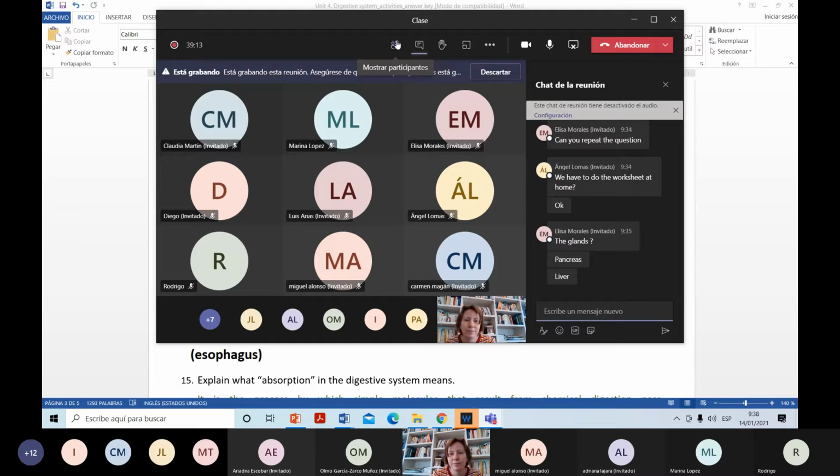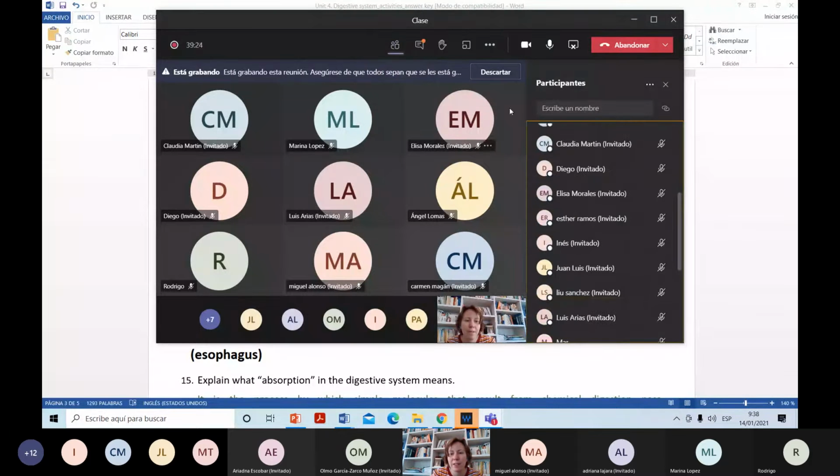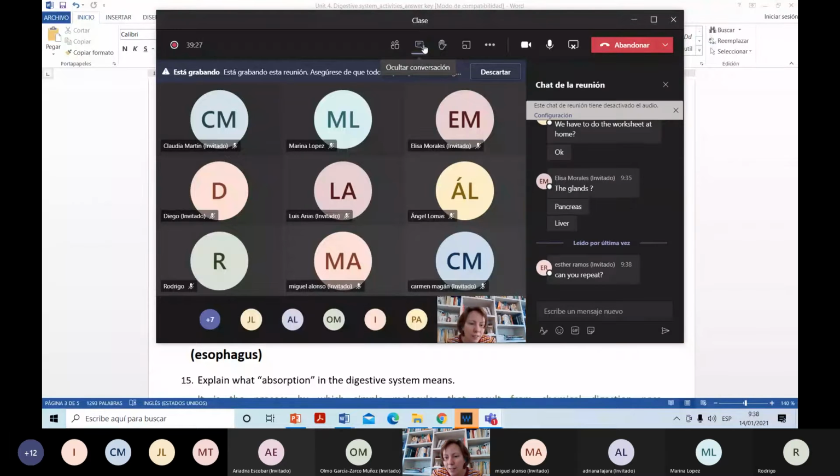Esther, ¿está usted por ahí? No answer. Inés. Sí, que ha llegado algo. Esther, can you repeat? Yes, what's the name of the liquid that is produced in the stomach? The question goes for Esther and Inés, you both, the one that has it first. The liquid in the stomach.